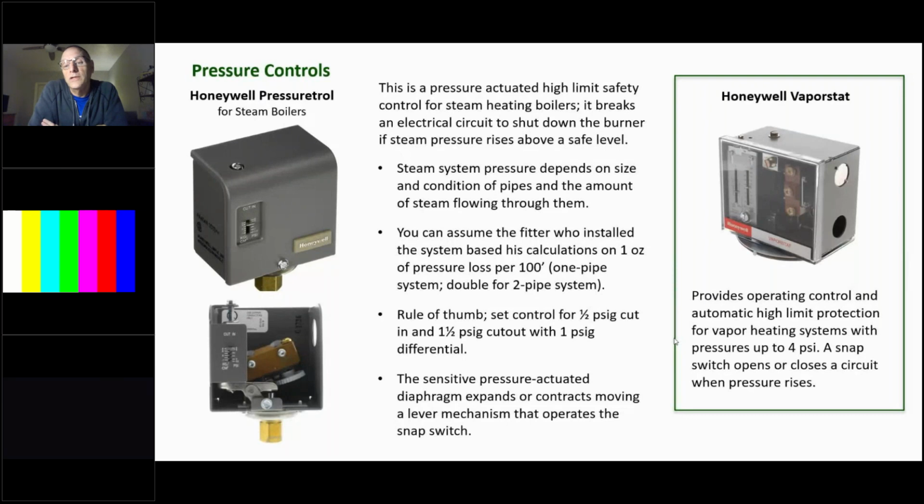But a lot of times you'll go into homes now and if they've got 15 radiators in one of the big houses that had these vapor systems, maybe 5 of them still have the original vapor valves on them.